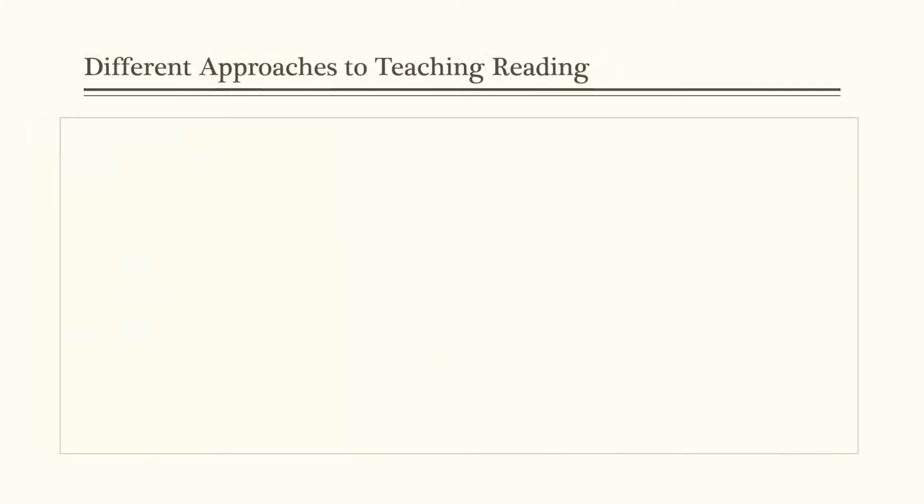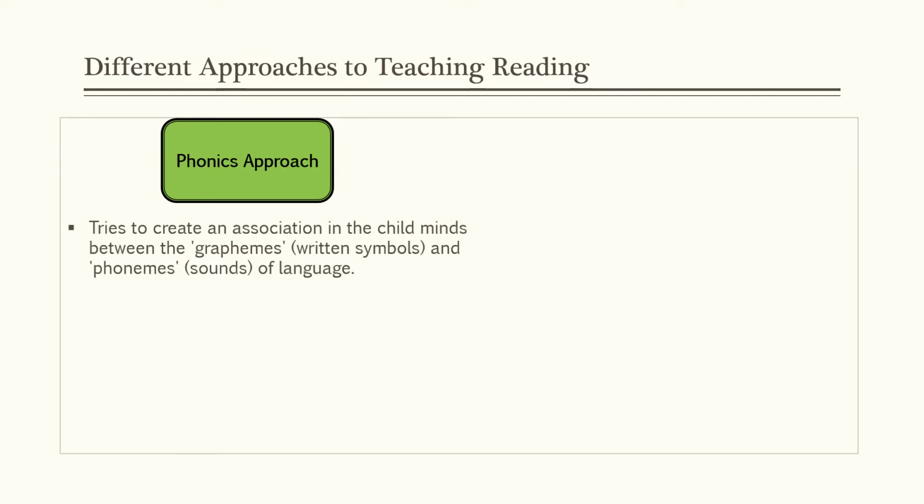Different approaches to teaching reading. The first one is the phonics approach, and it tries to create an association in the child's mind between the graphemes or the written symbols and phonemes, the sounds of language. It is through the use of repetitious exercises to drill this link between text and sound.